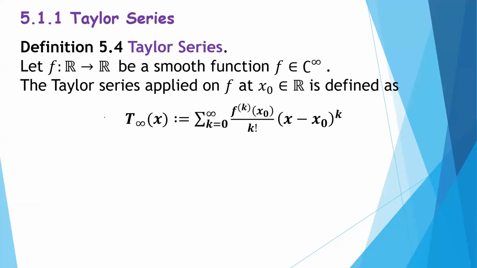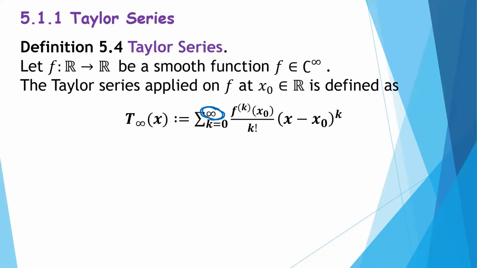Now, what about Taylor series? For the Taylor series, you take all the terms till infinity. Don't stop at 5 or 15 or 20. Theoretically, you go till infinity. You take all terms, k from 0 to infinity, all whole numbers.